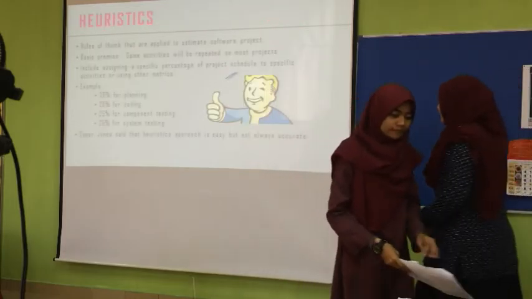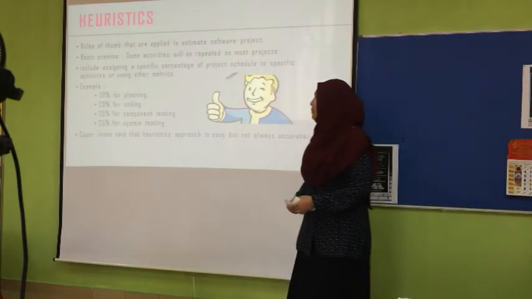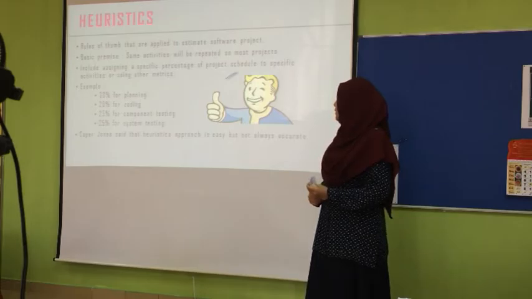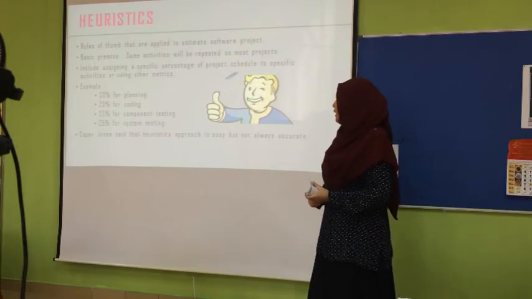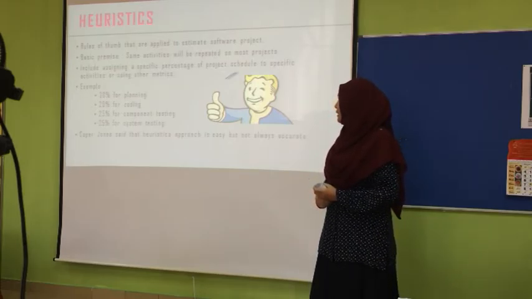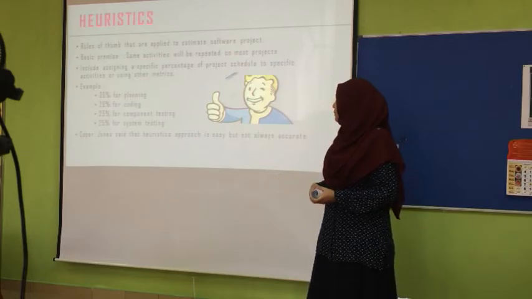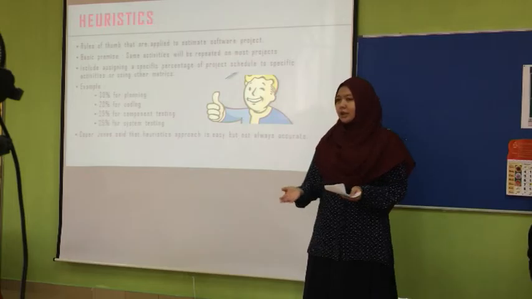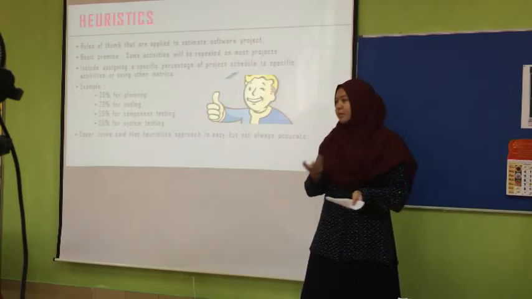Okay. The last software engineering approach is heuristic. Heuristics are rules of thumb that are applied to estimate software projects. It uses the basic premise whereby the same activities will be repeated on most projects. Heuristics include assigning a specific percentage of the project schedule to specific activities, or using other metrics such as function points.